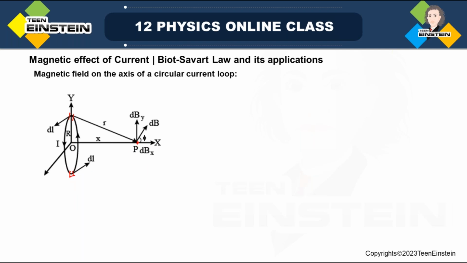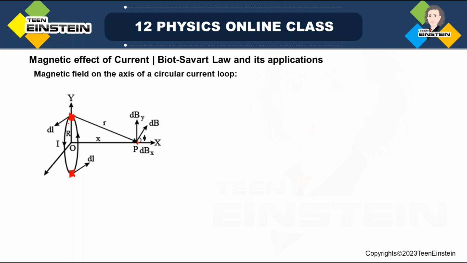As you know, the current element always has the direction of the current, and in the case of a circle, this will be tangent to that particular element. So tangent to that, as you see here, this is the direction of dl or the current element, and this is the distance from the current element to the point of interest P. So r is the distance from the element of the loop.